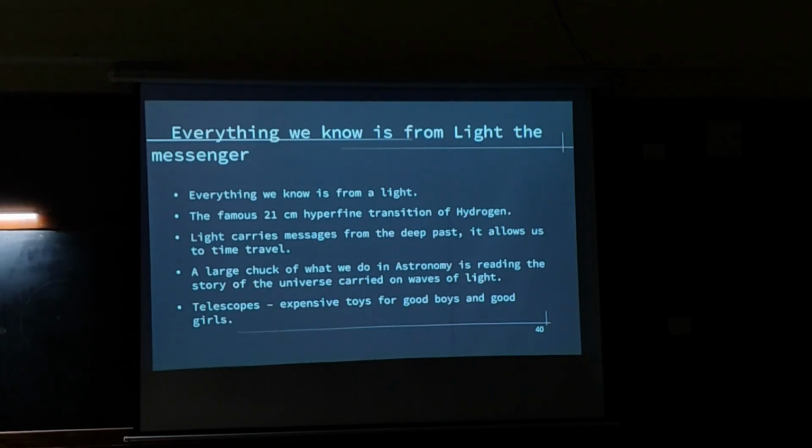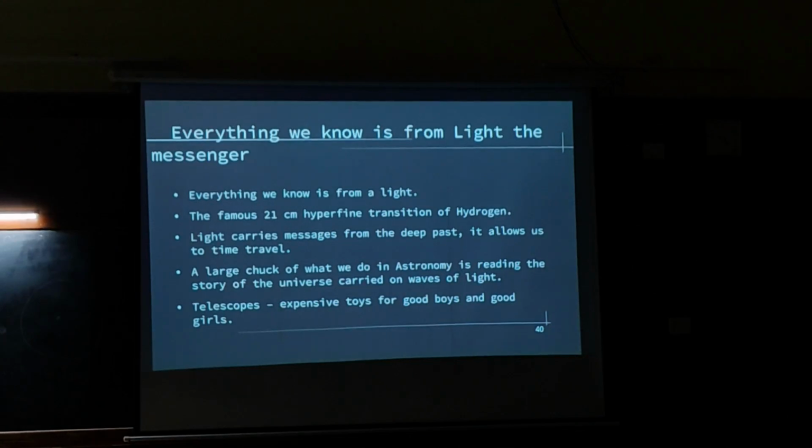Hydrogen emits light at a particular wavelength of 21 centimeters. This light travels, and because it's shifting red, the elements between us and the source absorb it in a particular way, and because it's shifting, it gets captured in all the frequencies.